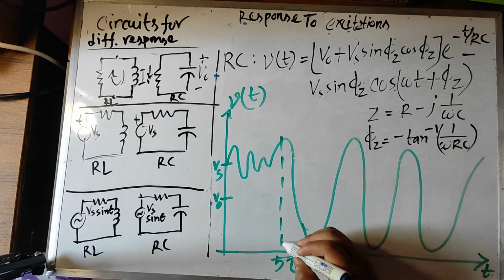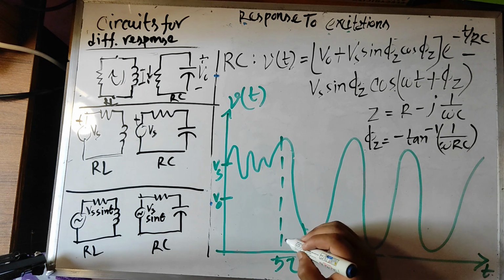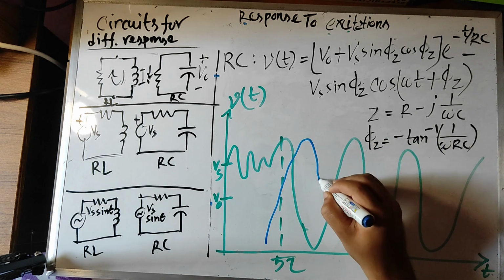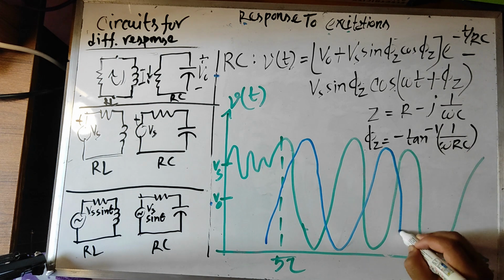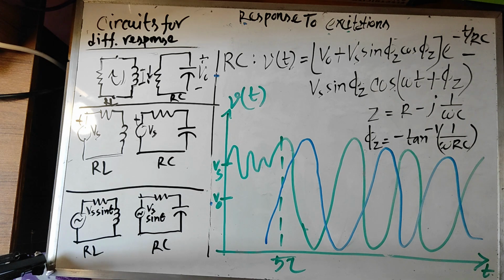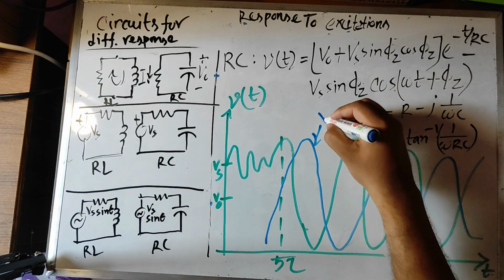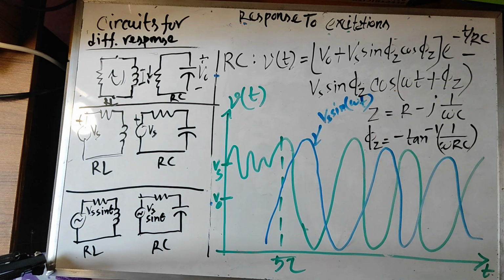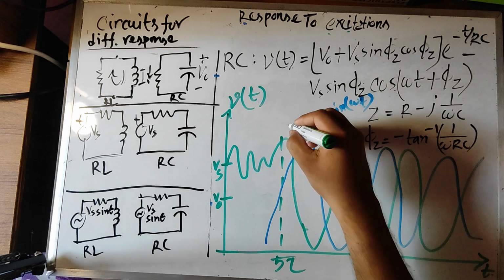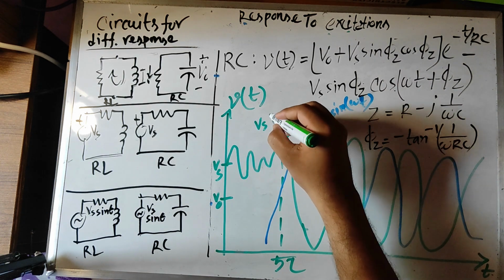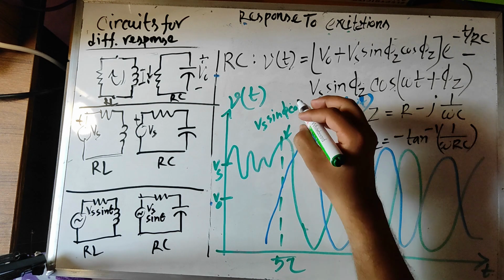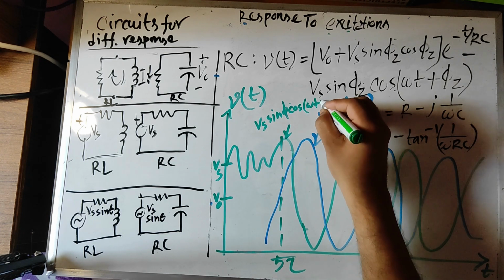So say sine omega t is here, this is the input, Vs sine omega t, and this is Vs sine phi cos omega t plus phi.